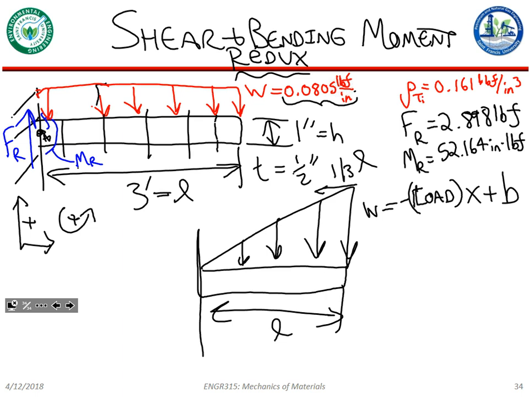Fun fact: for a triangularly distributed load, you can assume that it will act at the centroid, 1/3 its length from the tall side of the triangle. Fun geometry point of the day.